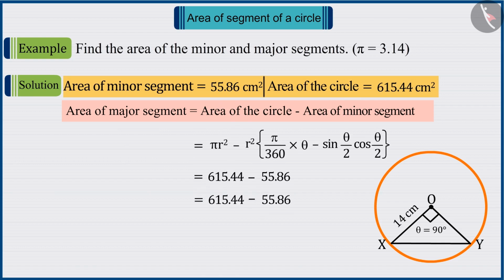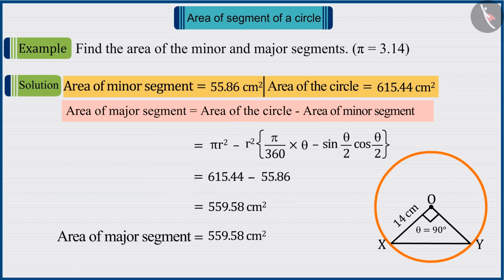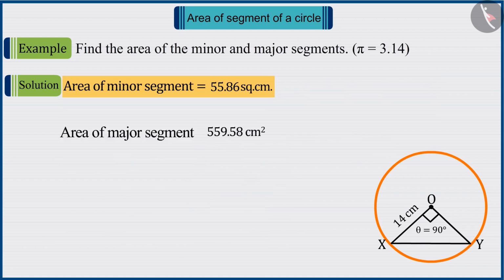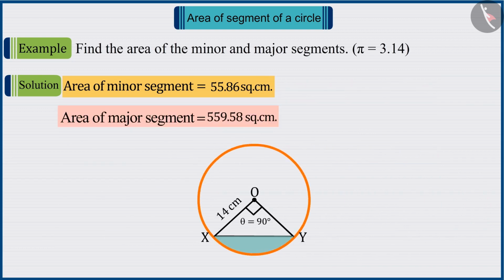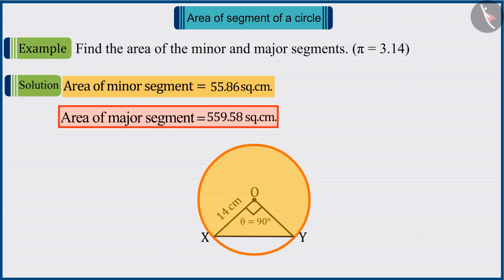On solving which, the area of the major segment is obtained as 559.58 square centimeters. So, we can say that the areas of the minor and major segments in the circle are 55.86 square centimeters and 559.58 square centimeters.